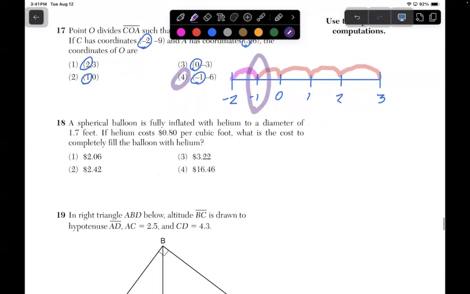A spherical balloon is inflated with helium to a diameter of 1.7 feet. That's a pretty big balloon, 1 3/4 feet. It's a chunky balloon. All right, let's go ahead and draw a sphere.